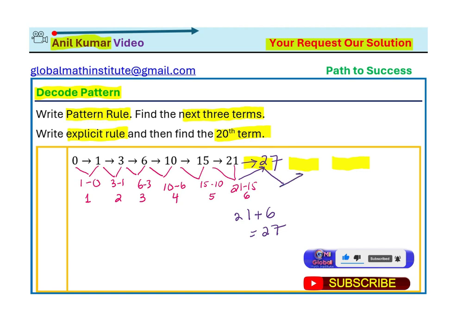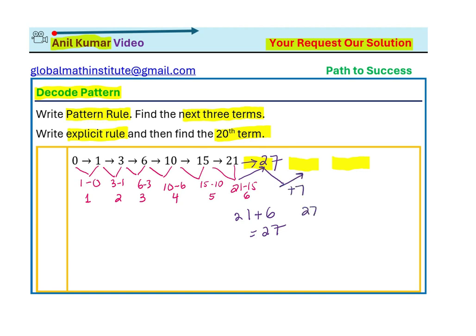To get the next term, we have to add 7. So 27 plus 7 is 34. So we get the next term as 34. And next time, we add 8. So 34 plus 8 gives me 42.